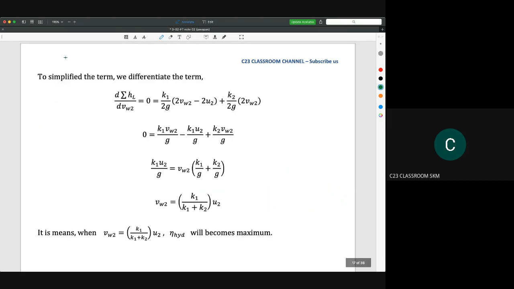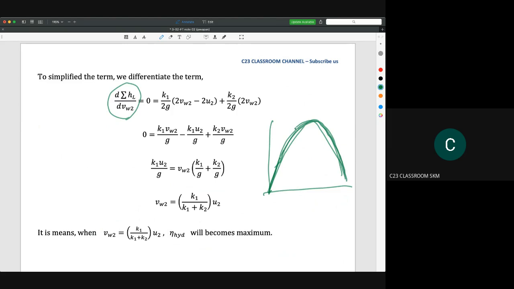And then to simplify the term, we differentiate the term with respect to VWL2. I think this is a quite common step in mathematics. Normally, if we have a curve like this, why do we assume the curve in a turbine or centrifugal pump is a quadratic curve like this one?